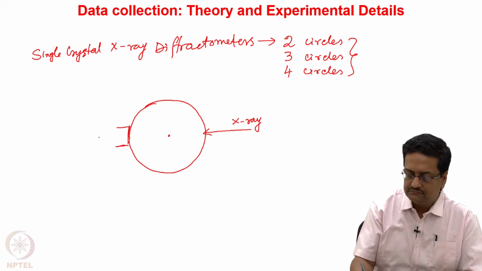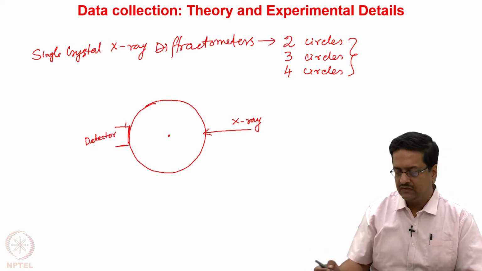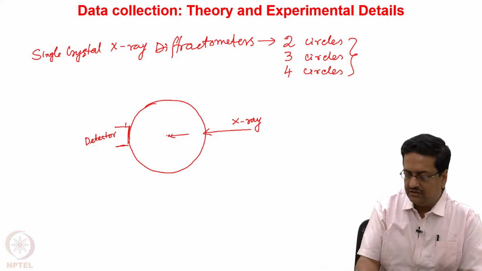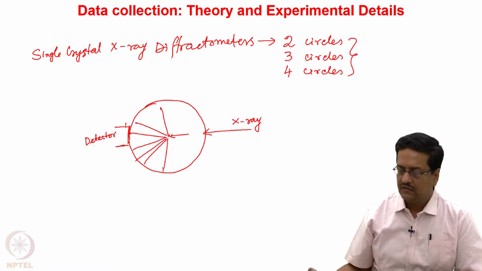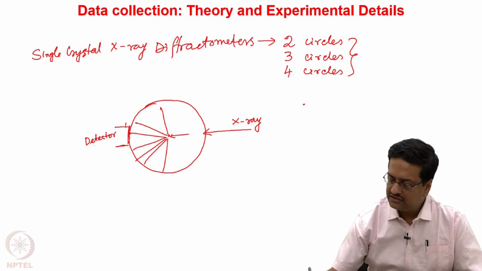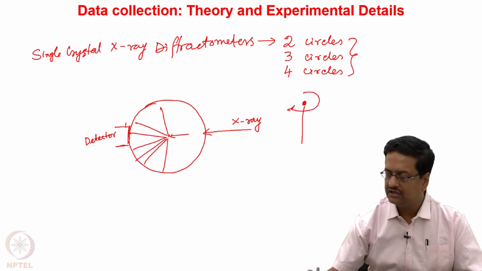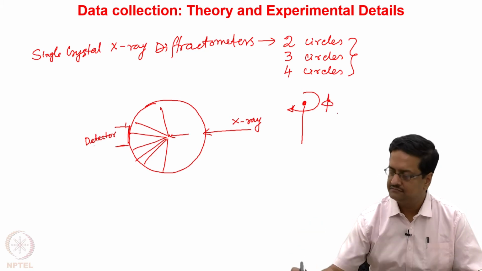That is a standard geometry of a diffractometer. When X-ray falls on the sample, it diffracts in all possible angles. So, if a crystal is mounted here on a loop or a glass fiber, and if it is rotated about its own axis, that axis is called the phi axis.